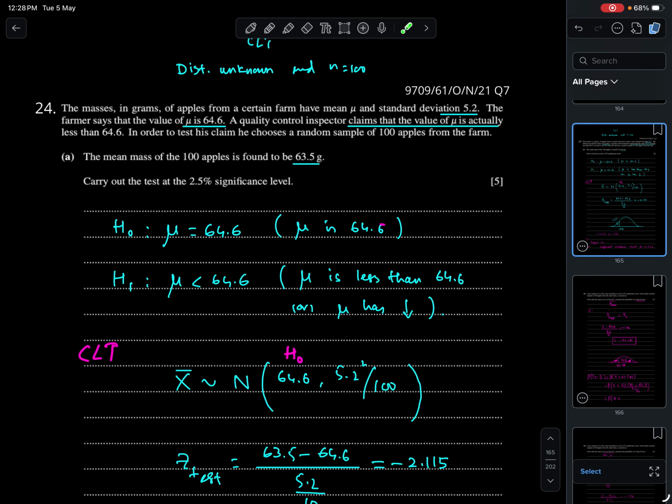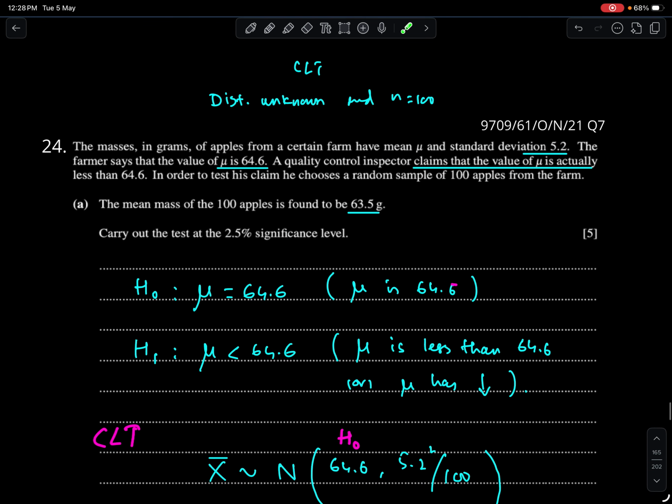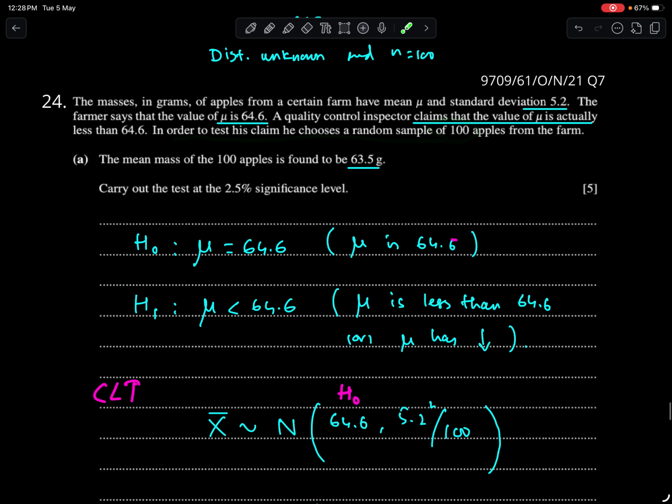Okay, let's do this question. Let's understand this question. Well, we have 5.2 standard deviation. Mu is this. Mu is actually less than. In order to test his claim, he chooses a random sample of 100. The population is unknown, so CLT is applied because the sample size is large.